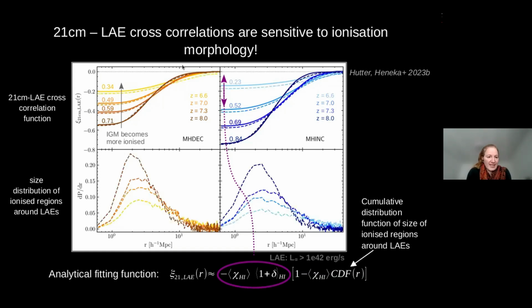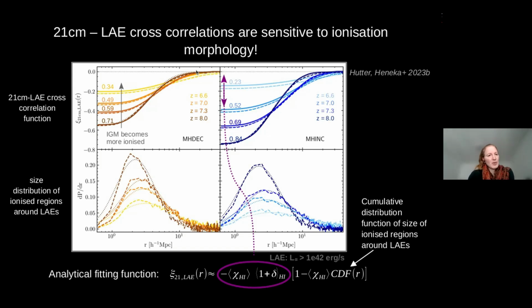And if that is the case, then you can use the size distribution of the ionized regions around the Lyman alpha emitter to formulate, via the cumulative distribution function of that size distribution, an analytic estimate for the cross-correlation function. And if you fit this now with the dotted line, for instance with a log normal function, you actually find that a log normal distribution reproduces these kinds of shapes rather well.